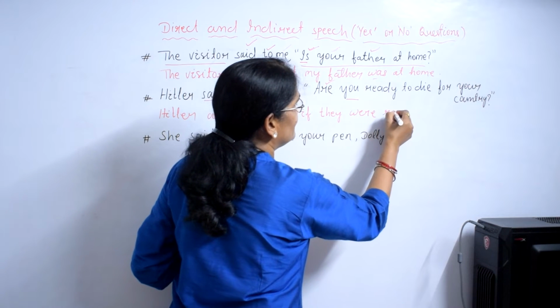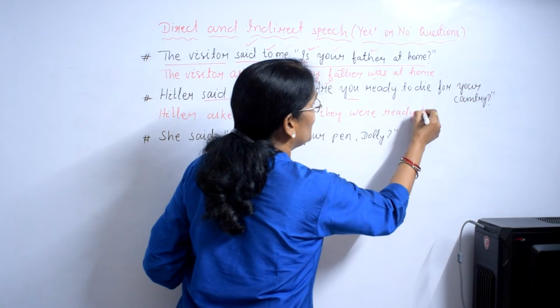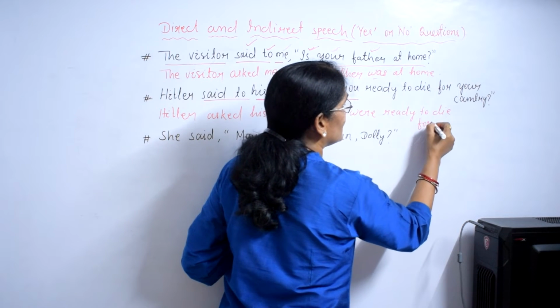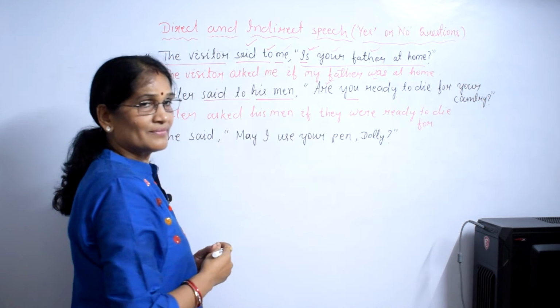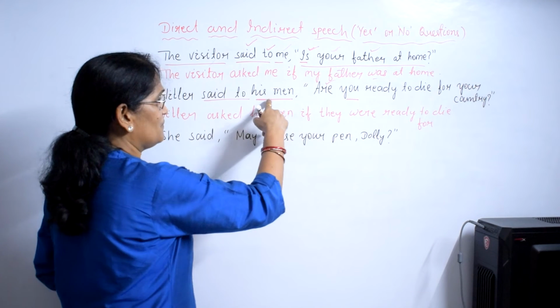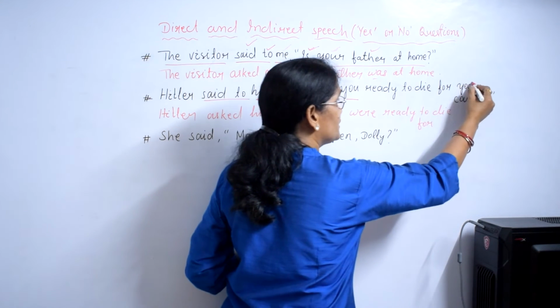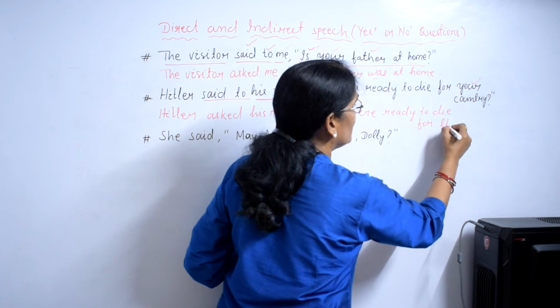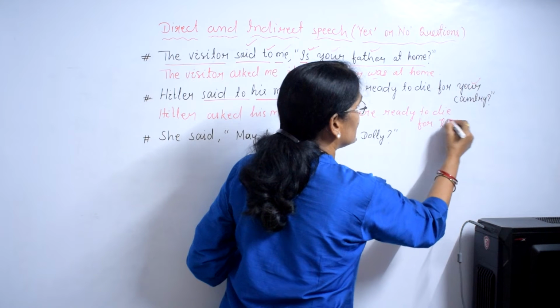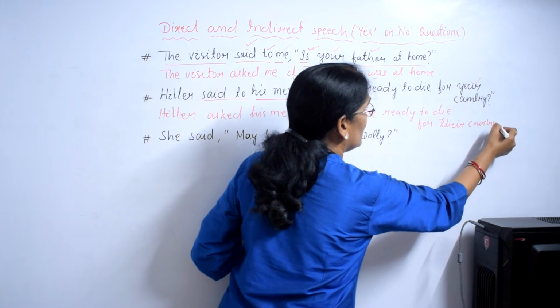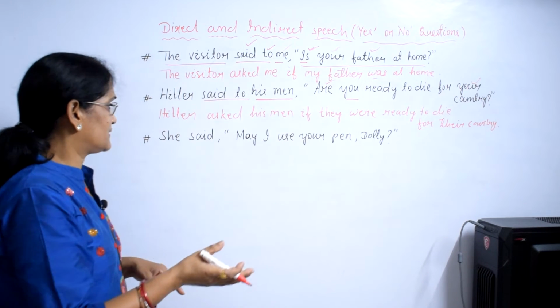Ready to die for your country, their country. Second person pronoun as per object. As it is a possessive pronoun, it will be their country. And full stop. You remove the question mark.